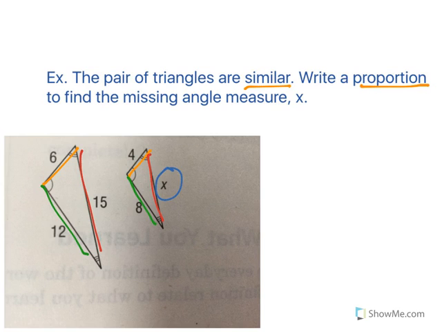I can pick any pair of corresponding sides. In this example, I'm going to pick the 6 and the 4. Because these sides are corresponding, we can turn this into a fraction. 6 corresponds to 4, so we know that 15 corresponds to x.